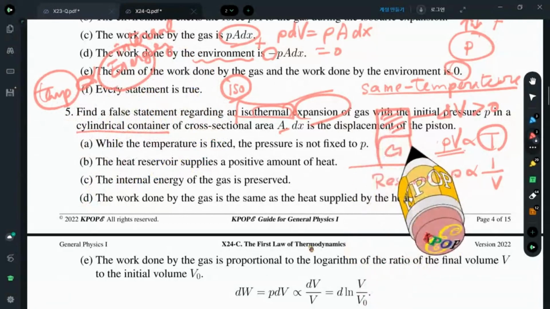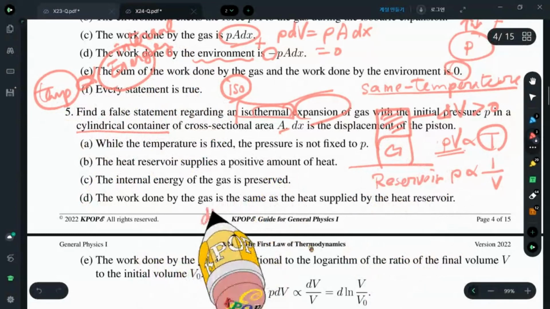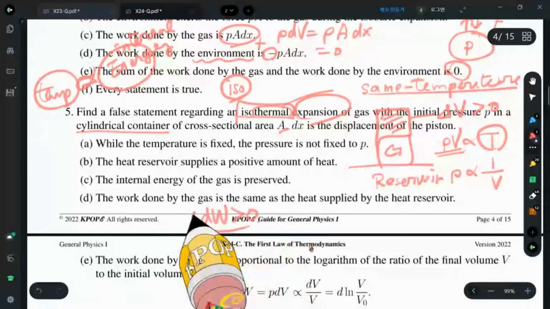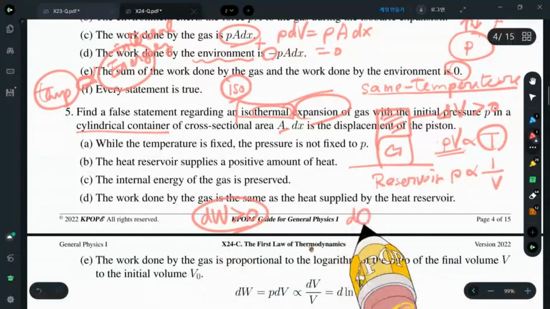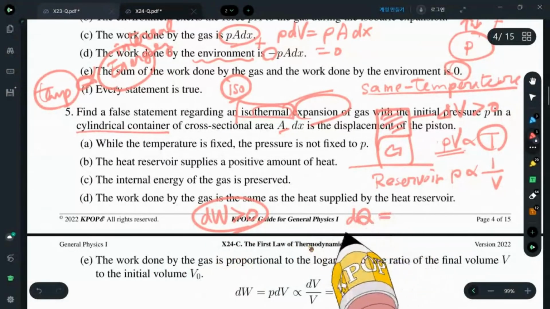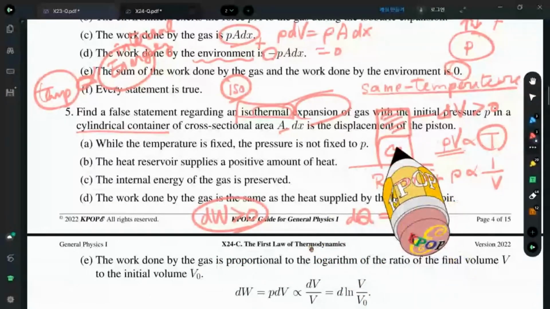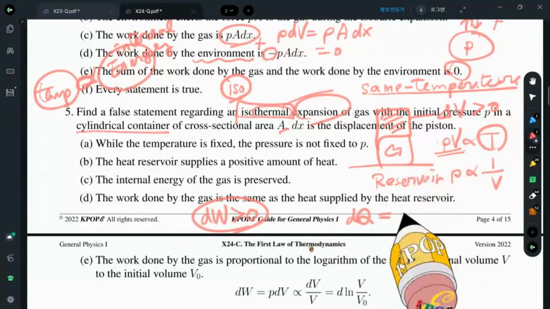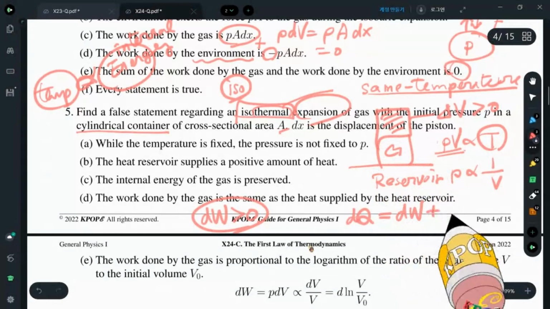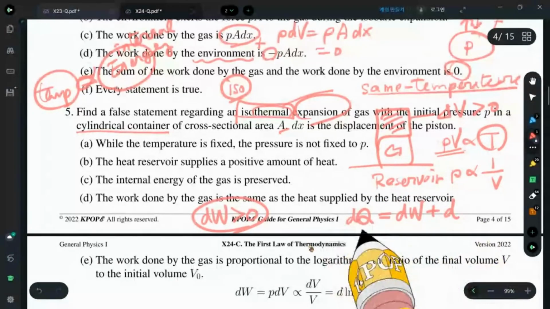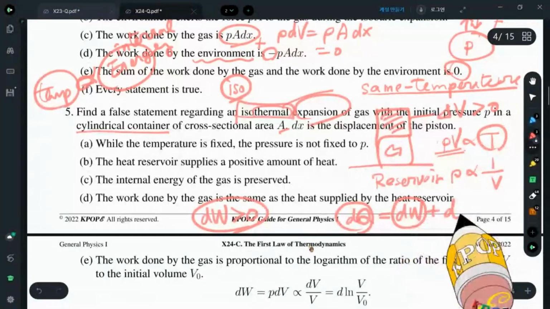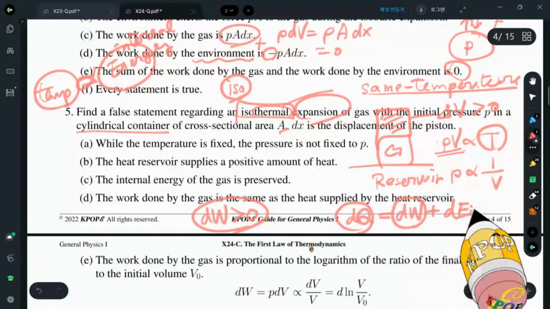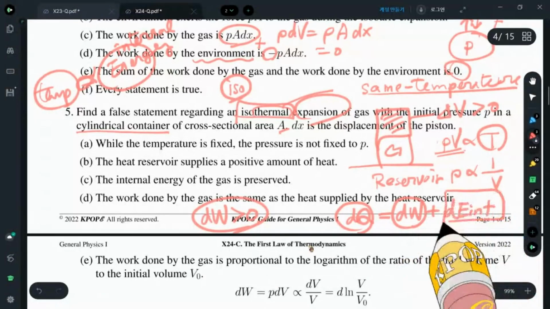This gas does work, so dW is positive. The first law of thermodynamics says dQ is accepted by the gas. It does work, and the remainder is the change in the internal energy.